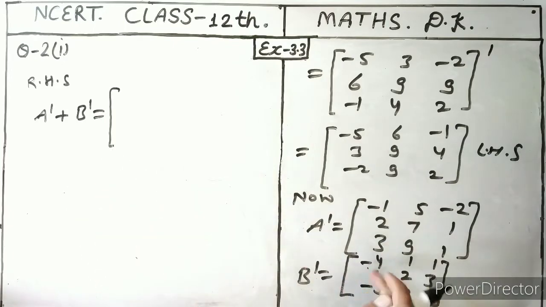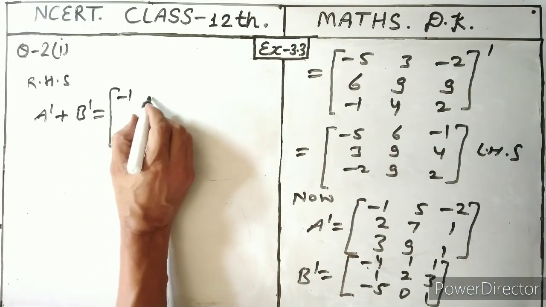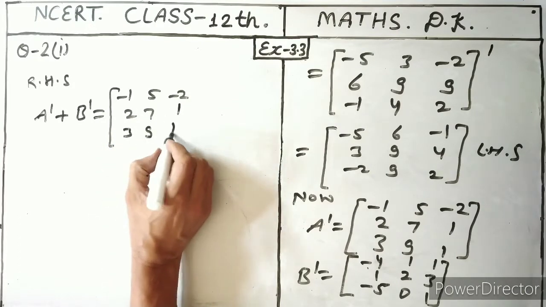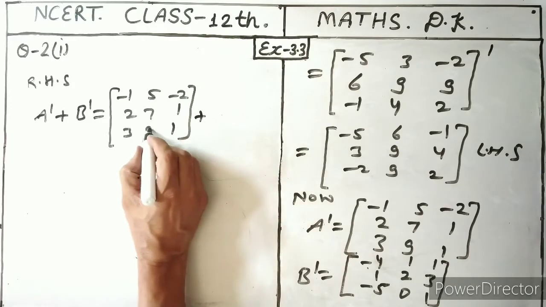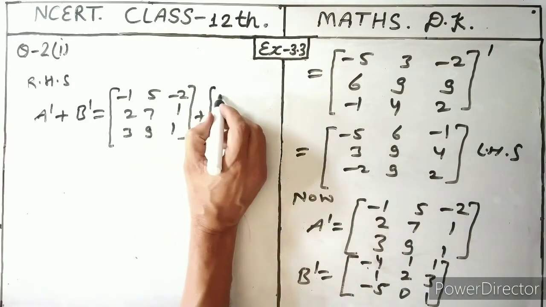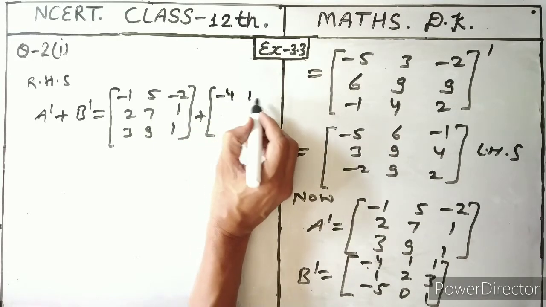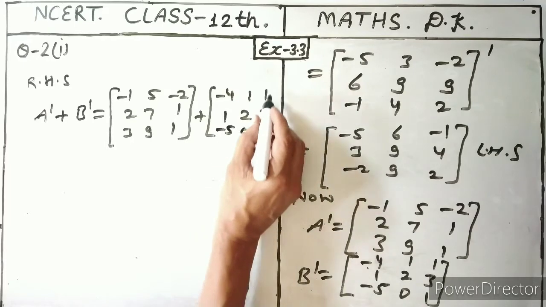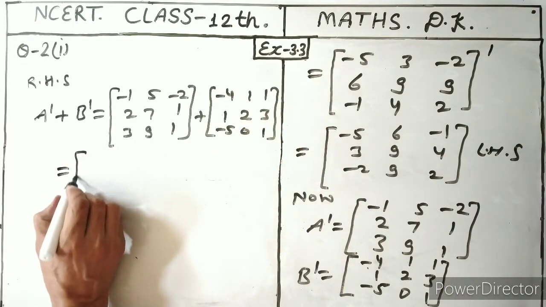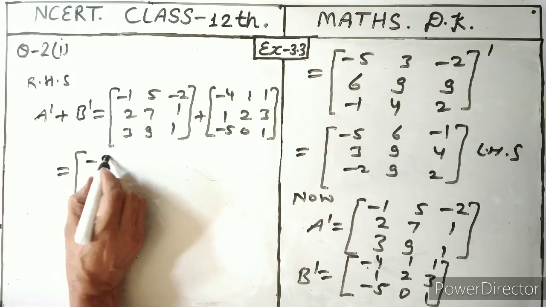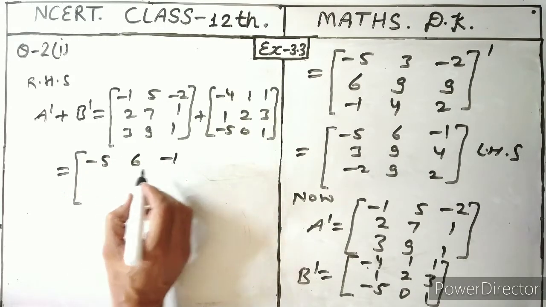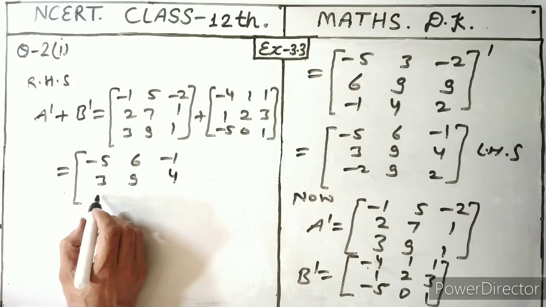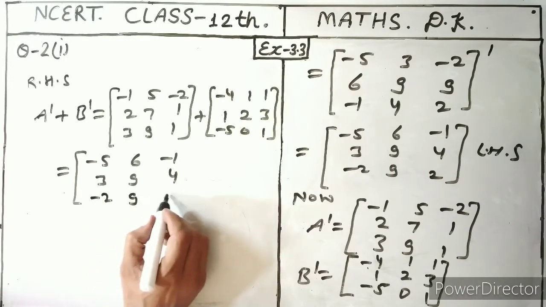Addition of these two matrices, -1, 5, -2, 2, 7, 1, 3, 9, 1, plus these matrix -4, 1, 1, 1, 2, 3, -5, 0, 1. Addition of these two matrices is -5, 6, -1, 3, 9, 4, -2, 9, 2.